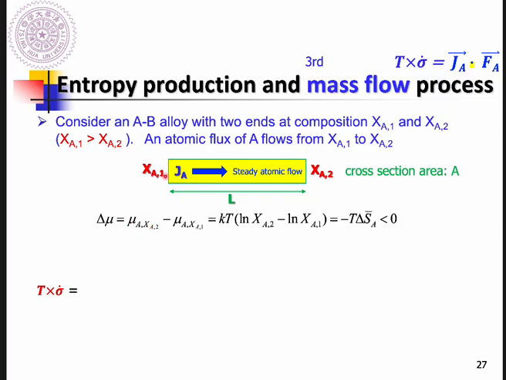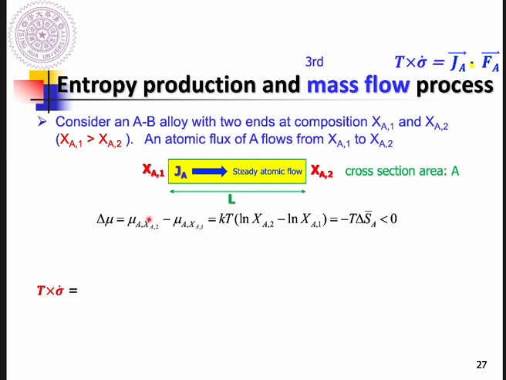I will say the atomic flow goes to the right-hand side, so the delta mu will be the chemical potential at XA2 minus the chemical potential of A at XA1.